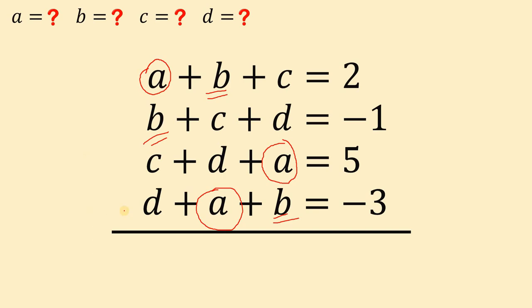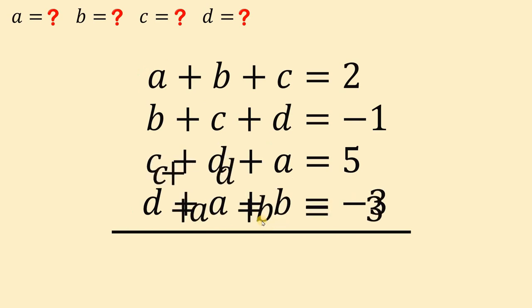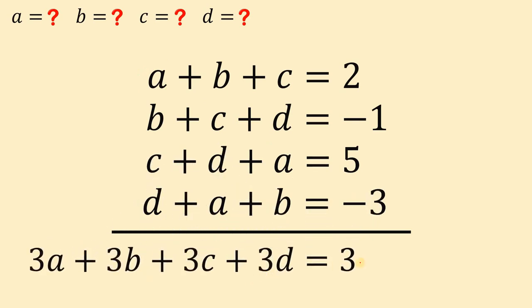So what we're going to do is, why not add these 4 equations? If we do that, we get 3A plus 3B plus 3C plus 3D, and it must be equal to 2 minus 1 plus 5 minus 3. So this will give us 3A plus 3B plus 3C plus 3D equals 3. Now, let's focus on the left side of our equation.